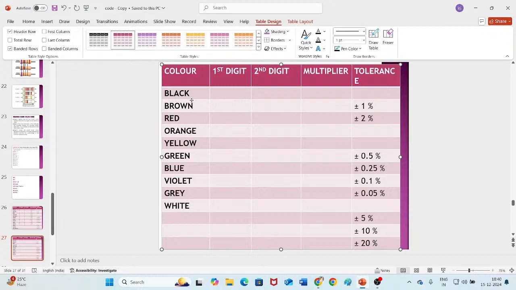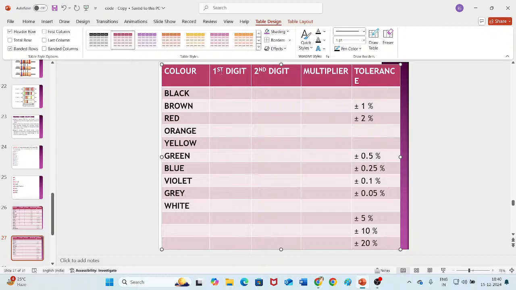Okay, now this is very easy to write down. If you remember BB Roy, Great Britain, very good wife, you can write it down in a sequence and write down the full form of them in terms of colors. Now, in our next column, that is digit 1, it is a 4 band.